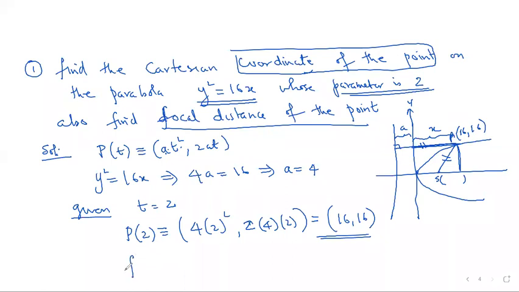So the focal distance is a plus the x coordinate of the point.